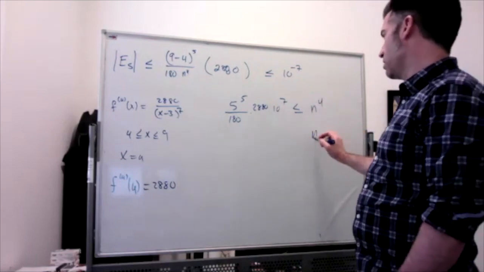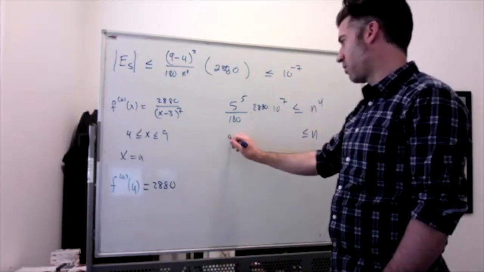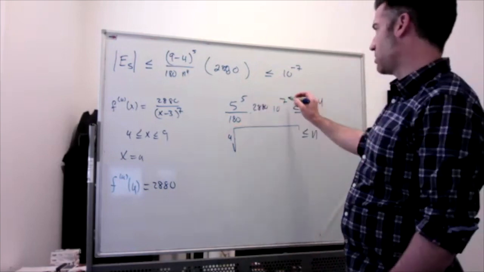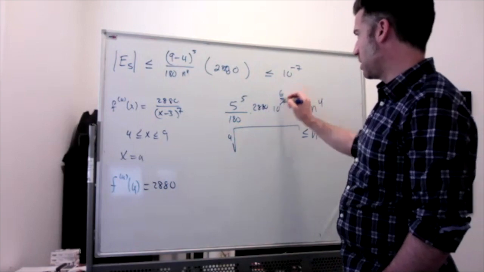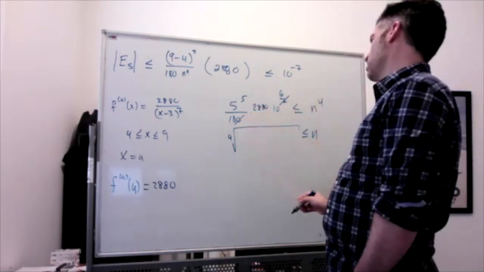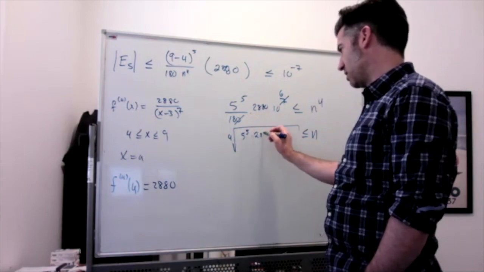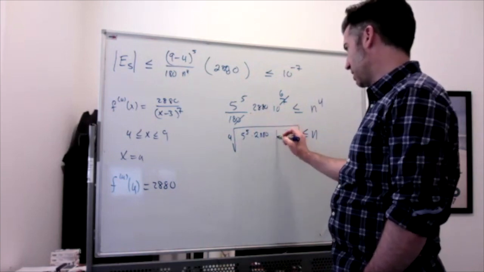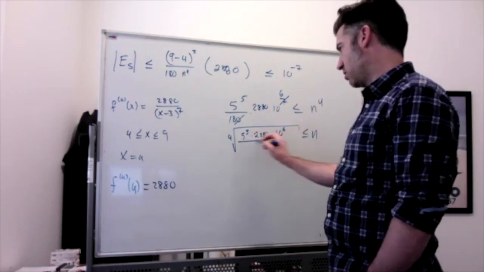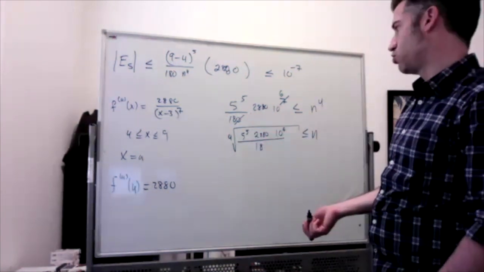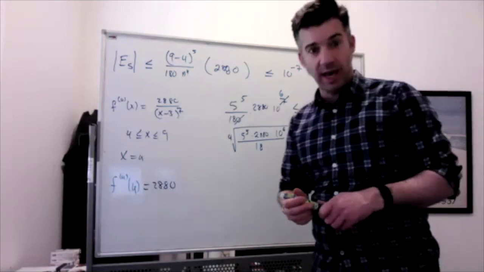So n should be bigger than or equal to the 4th root of this hot mess over here. I can cancel a 10 here and a 10 here. Let's just run 5 to the 5th times 2,880 times 10 to the 6th over 18. And then 18 will cancel. Let's see what we get.